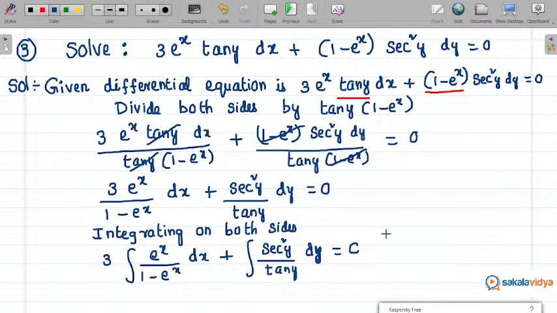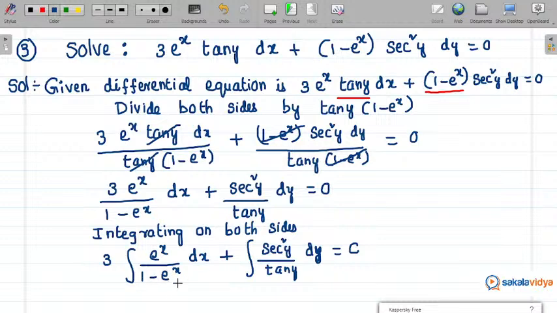But here, just observe, in order to integrate this one, the numerator is e power x and the denominator is 1 minus e power x. One of the formulae we have discussed in integration applies: e power x is part of the derivative of 1 minus e power x.